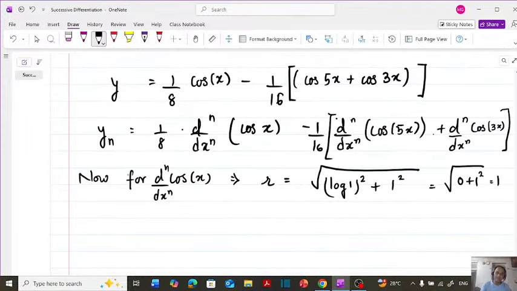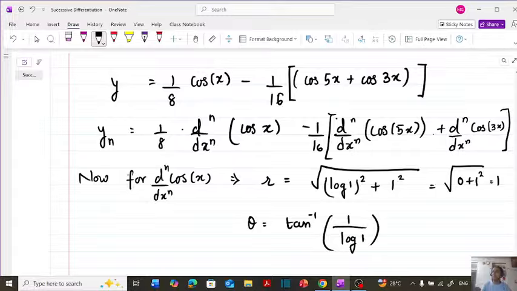What about theta? Theta has become tan inverse of 1 over log 1. Log 1 is 0, so tan inverse of 1 over 0, that is infinity, so it is pi by 2.